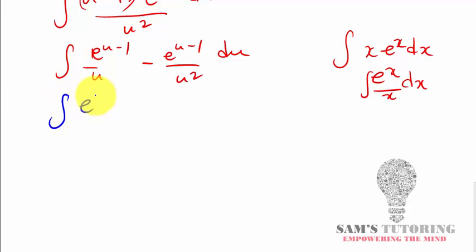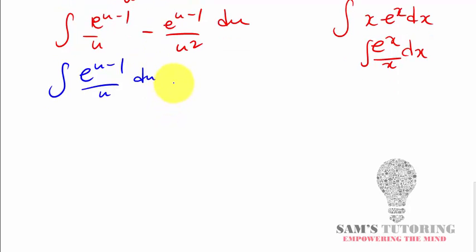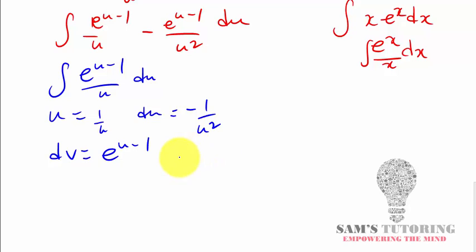So the integral of e to the u minus 1 on u du. This becomes by parts. We pick u as 1 on u, and therefore du becomes negative 1 on u squared. dv is e to the u minus 1, so v is equal to e to the u minus 1.